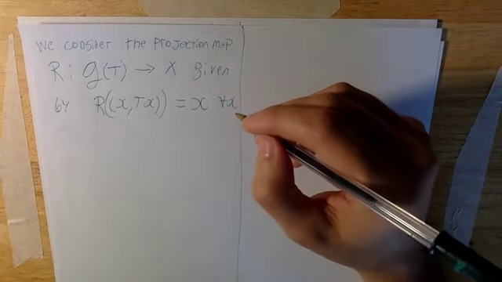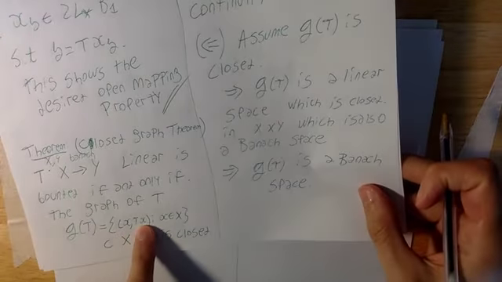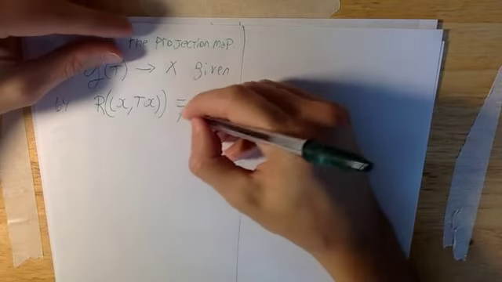So every point in the graph, which is (x, Tx), I just project onto its first coordinate.